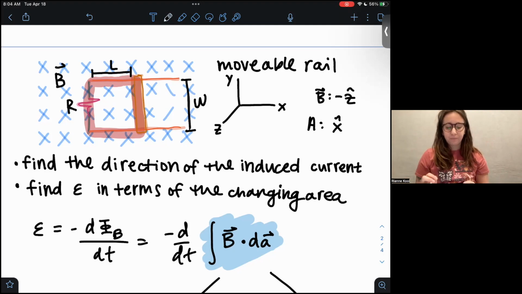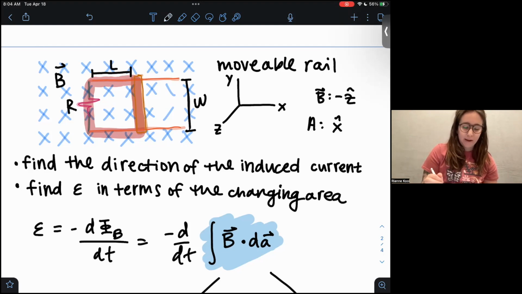And so what will happen is in this case, our magnetic field would be decreasing. So in order to counteract that change in flux, it will want to induce a current that creates a magnetic field to make it go back to the way it was before. In this case, our magnetic field is going into the board, but it's decreasing.